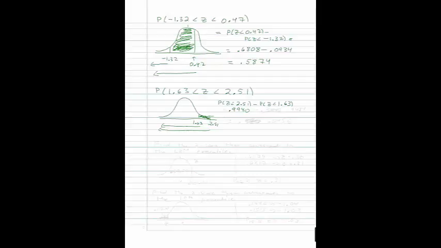Minus the probability z is less than negative 1.63. Negative 1.63 looks like it is 0.0516. So as we subtract those, what do we get? 0.9940 minus 0.0516 gives us 0.9424.